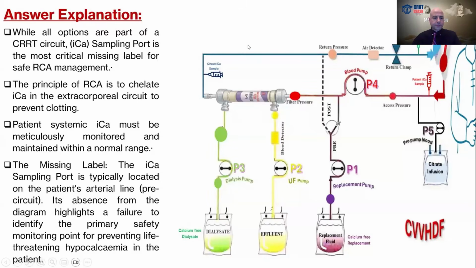The missing label, the ionized calcium sampling port, is typically located on the patient's arterial line. This is pre-circuit. Its absence from the diagram highlights a failure to identify the primary safety monitoring point for preventing life-threatening hypocalcemia in this patient.